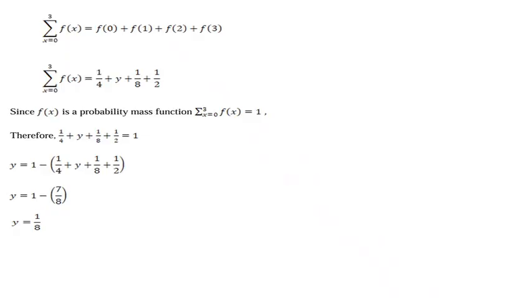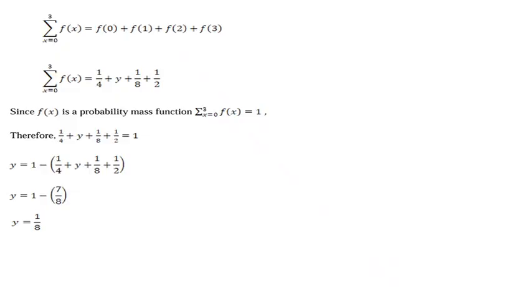From here we say our summation, which is our mu, is the summation with x ranging from 0 to 3 of f of x, equals f0 plus f1 plus f2 plus f3, which is 1/4 plus y, the missing probability of f of 1, plus 1/8 plus 1/2.